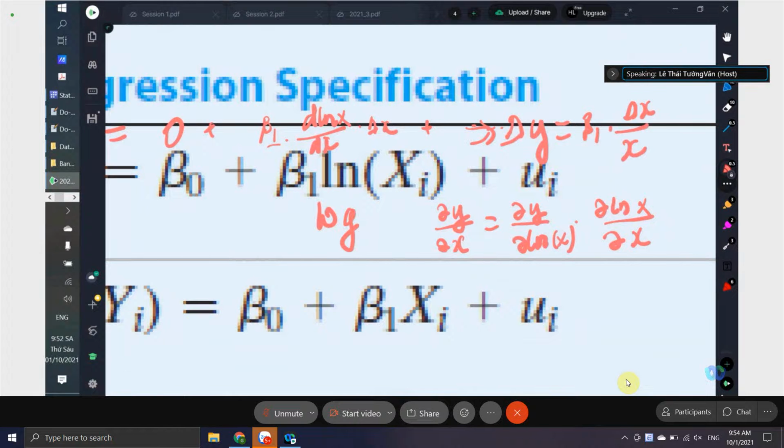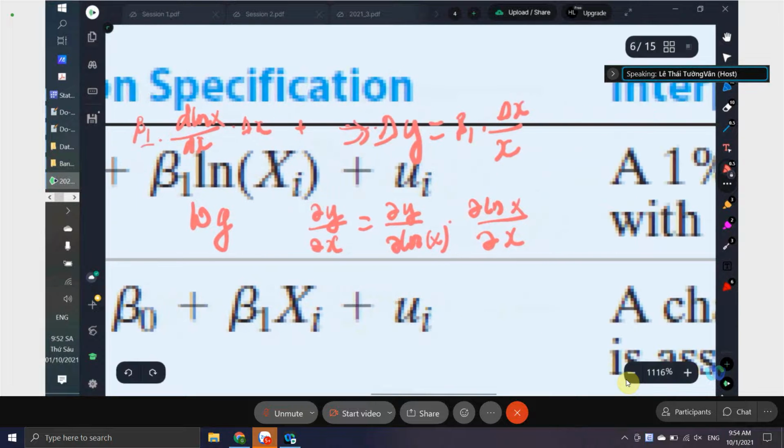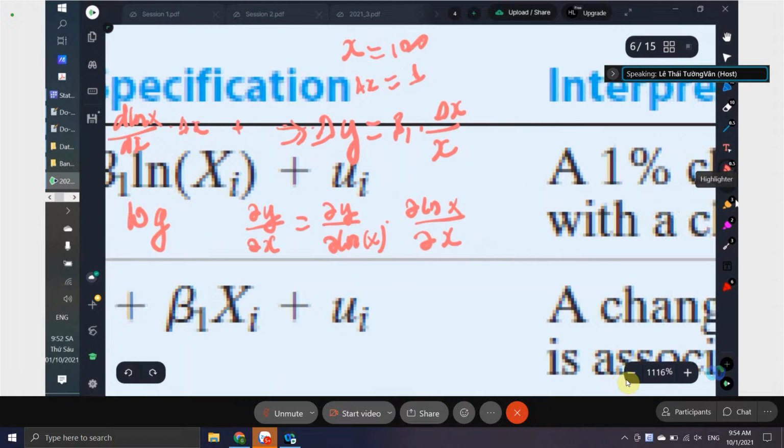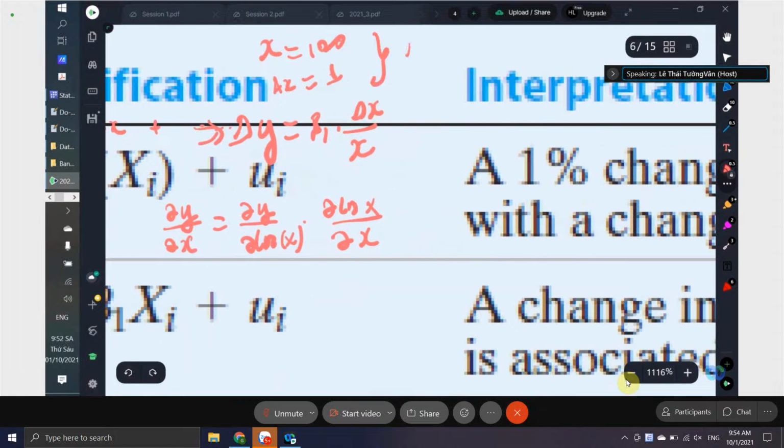Let's say in this case we have X equal to 100, just for the sake of exposition, and delta X is 1. So delta Y would be equal to beta 1 times 0.01.